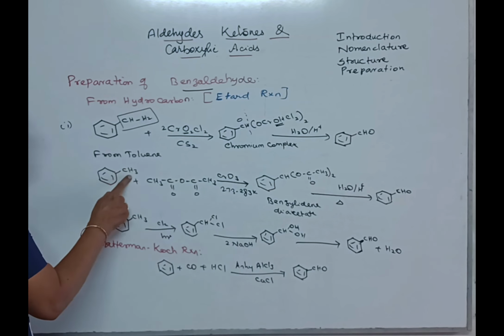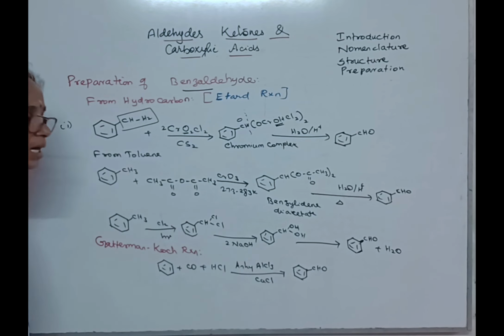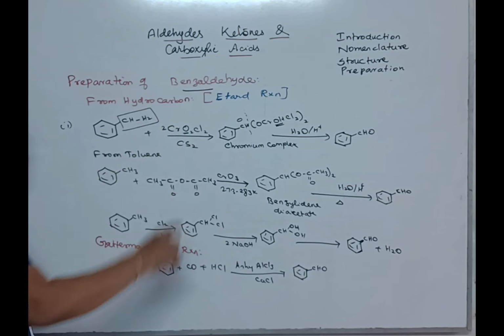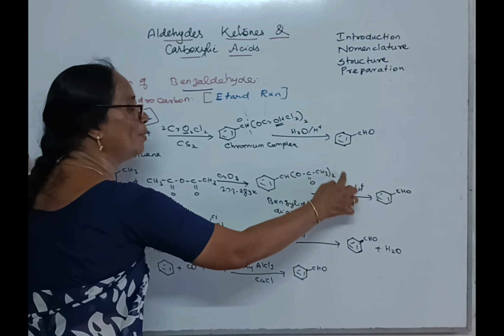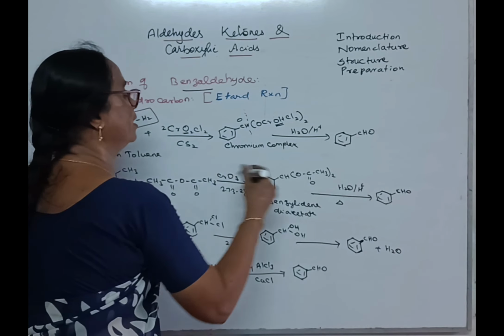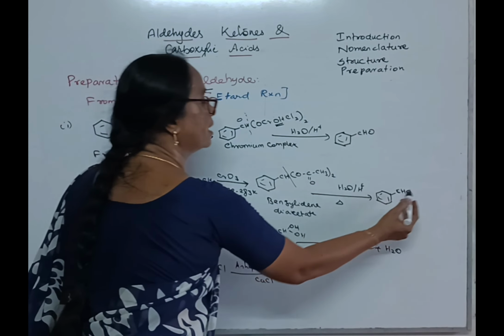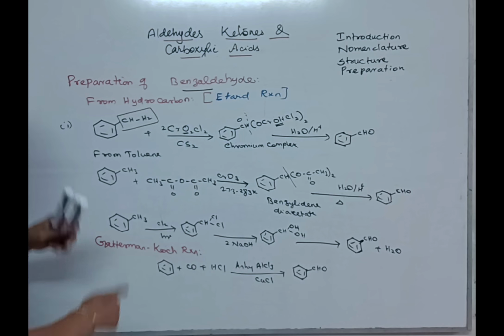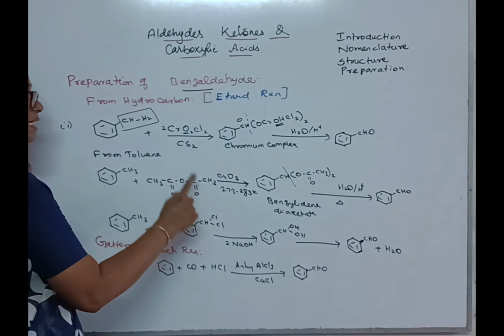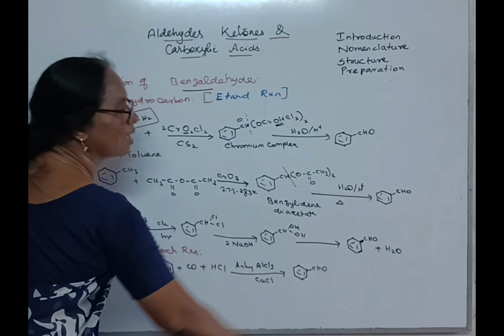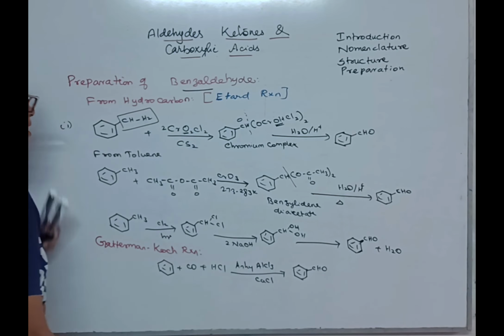So 2 of the hydrogens are replaced and oxidized to water. We are getting benzylidene diacetate. Followed by hydrolysis, the bond breaks, so we are getting benzaldehyde. So when toluene is oxidized by chromic oxide in presence of acetic anhydride, that forms benzaldehyde.